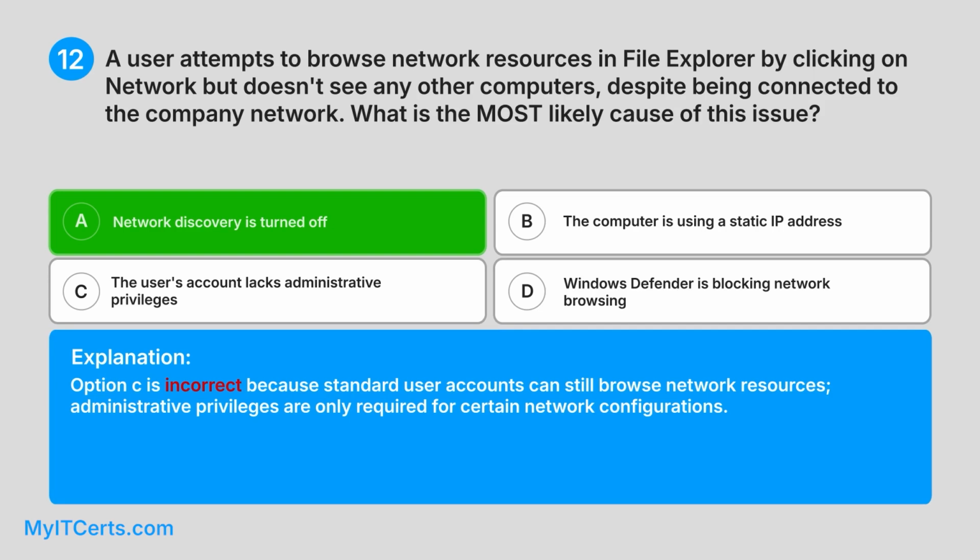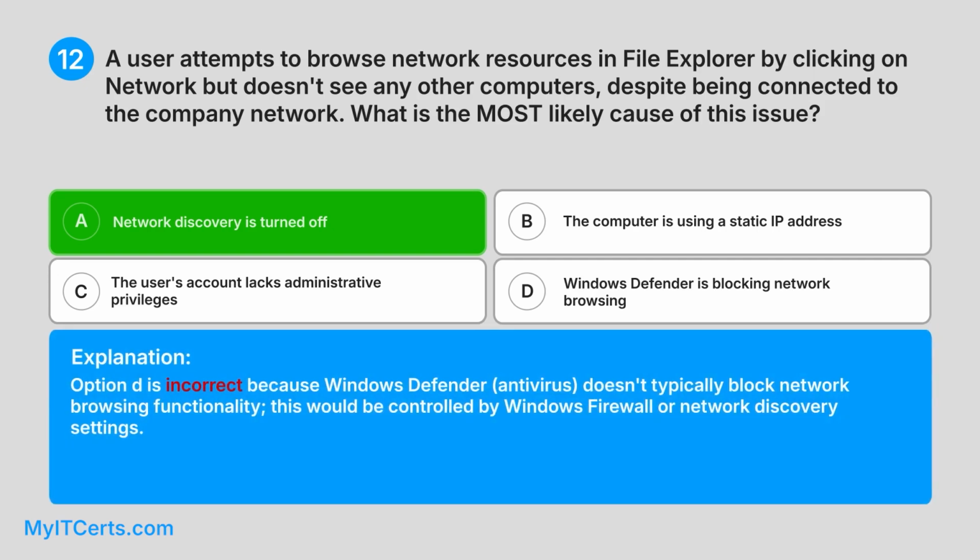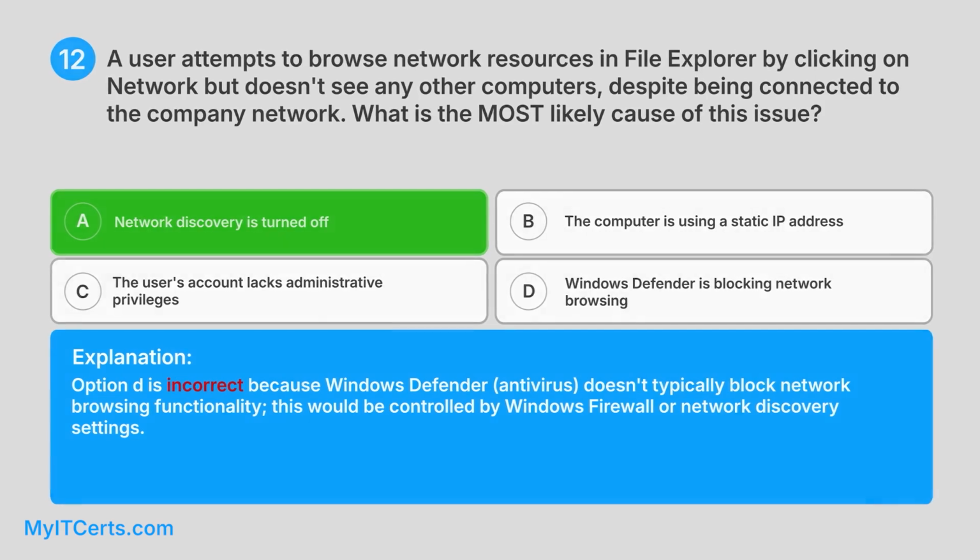Administrative privileges are only required for certain network configurations. Option D, Windows Defender is blocking network browsing, is incorrect because Windows Defender, the antivirus, doesn't typically block network browsing functionality. This would be controlled by Windows Firewall or network discovery settings.